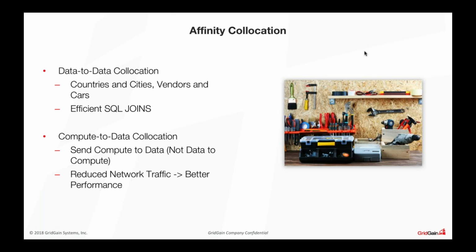That's an important point. So imagine that you're having your relational database that is distributed. And all those databases that I listed, they rely on affinity collocation. It might be named differently from one product to another, but the point is the same. What does affinity collocation give you? First is data-to-data collocation.